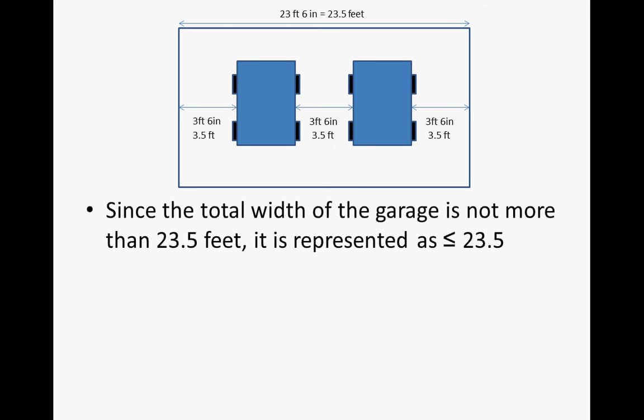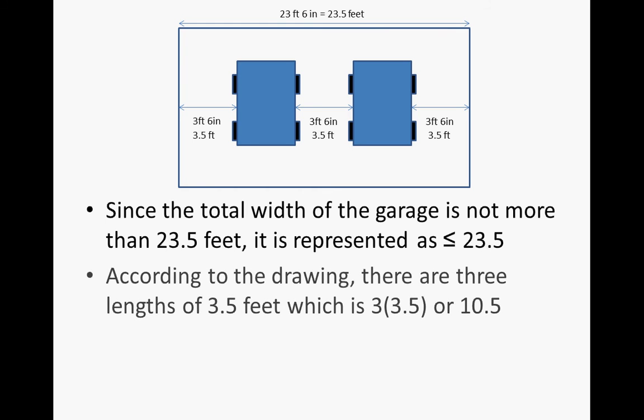Since the total width of the garage is not more than 23.5 feet, it is represented as less than or equal to 23.5. According to the drawing, there are three lengths of 3.5 feet, which is 3 times 3.5, or 10.5.